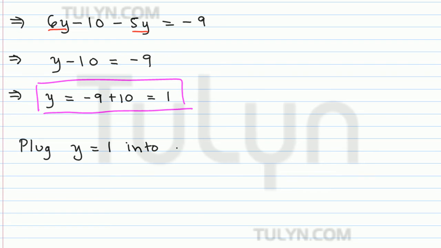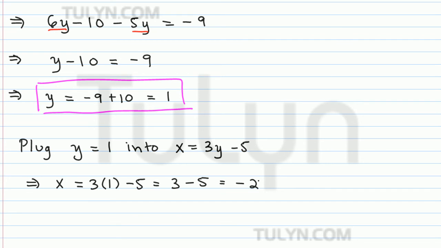So plug y equals 1 into x is equal to 3y minus 5. Doing it like so, we get that x is equal to 3 times 1 minus 5, which is the same thing as 3 minus 5, which is also known as negative 2.